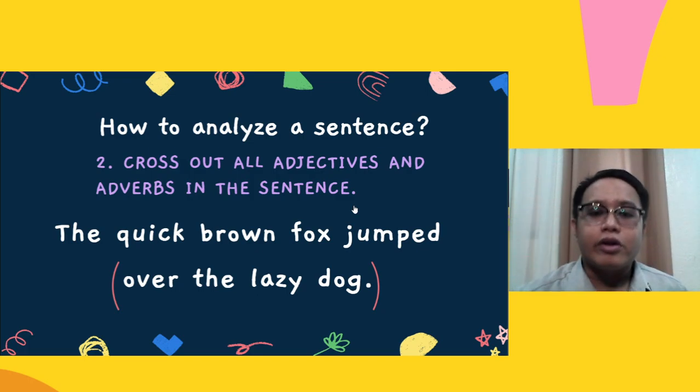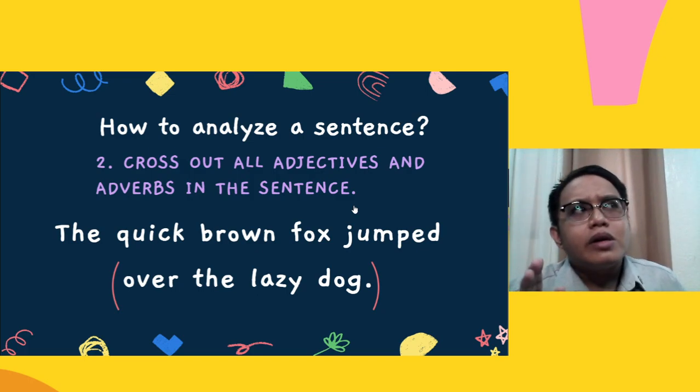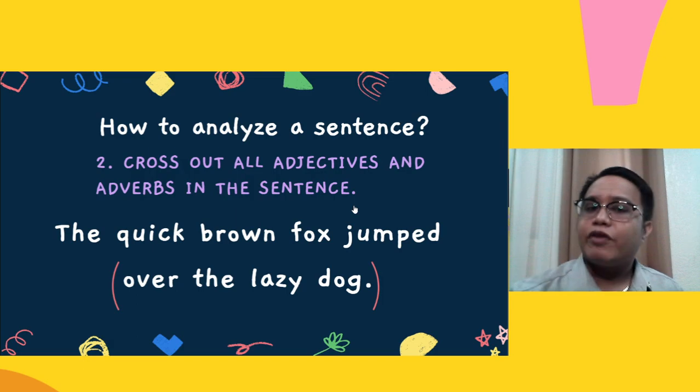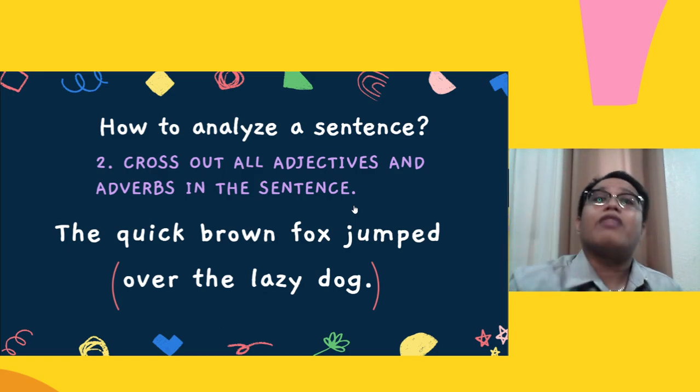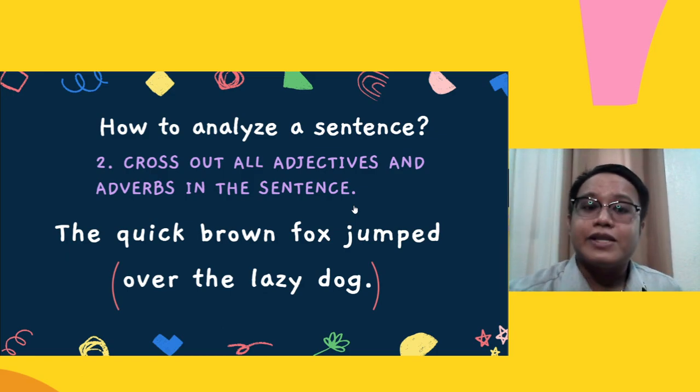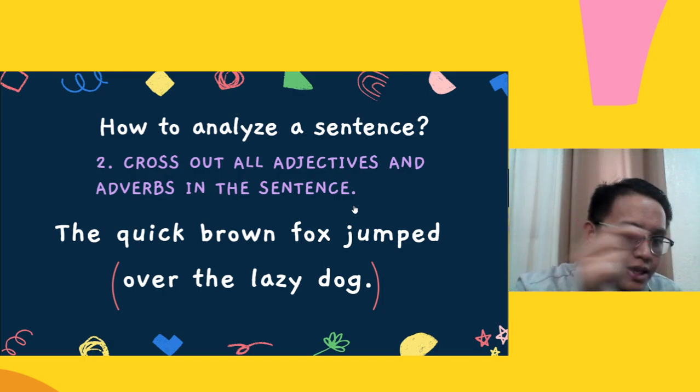How about jumped? Is jumped an adjective or an adverb? No. Over? We already know over is our preposition. And the, just like the other the in the first part of the sentence, is also an adjective describing the dog, so we cross it out.